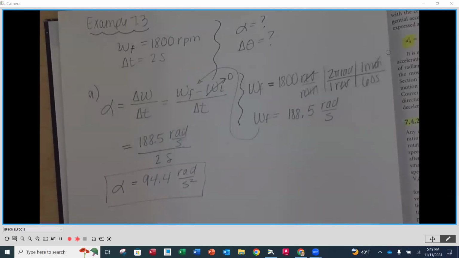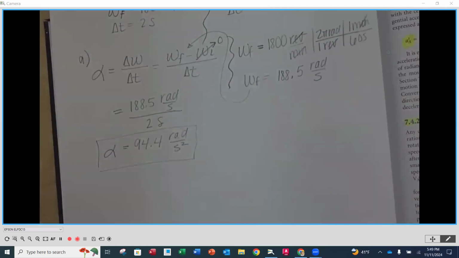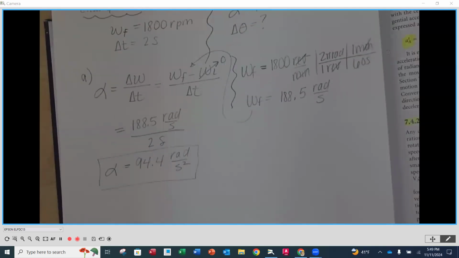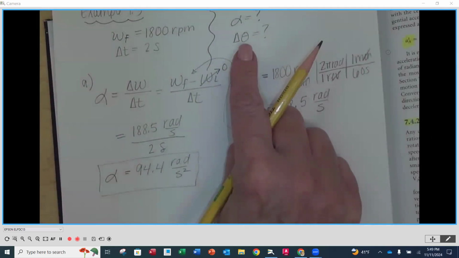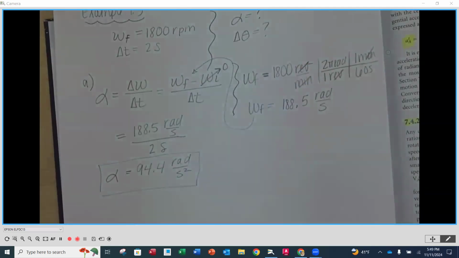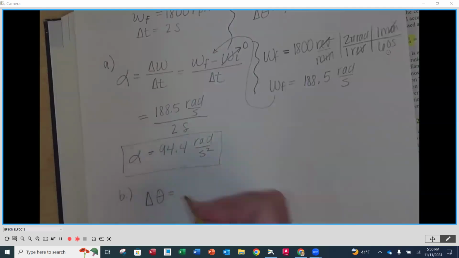They were asking for what is the angular acceleration. So that was one of our unknowns. Okay. Now our part B, we want to figure out, okay, how many revolutions did it take us to go from rest to that 1800 RPMs using constant acceleration that we see here? We want to know what this is.